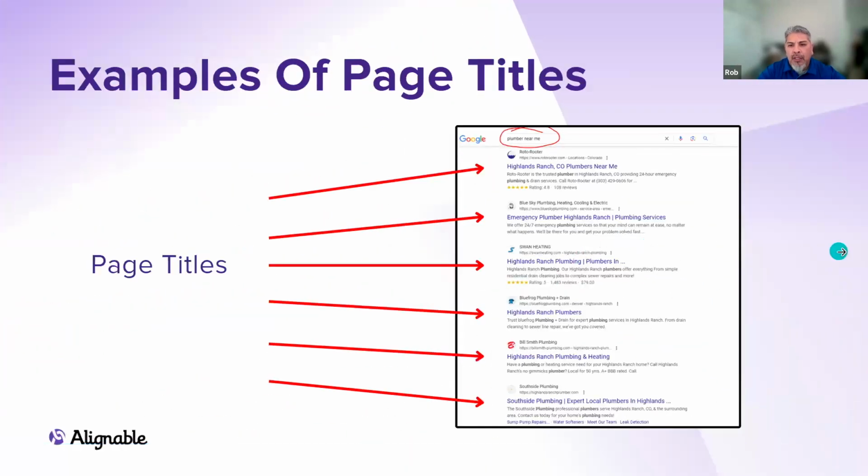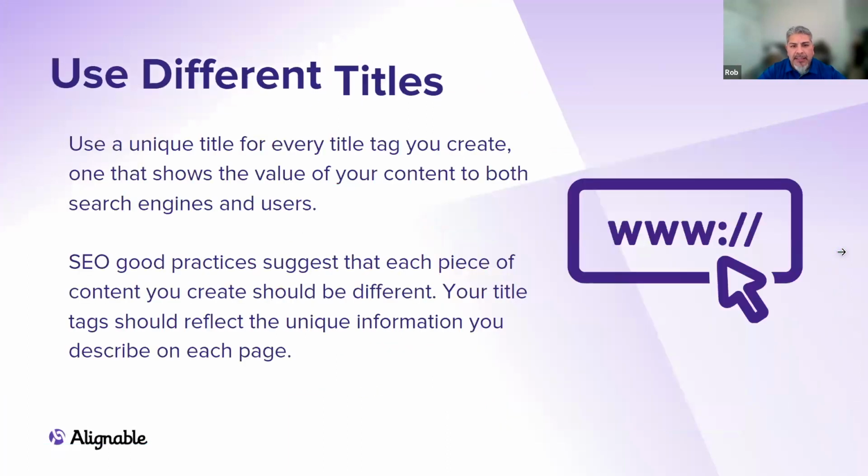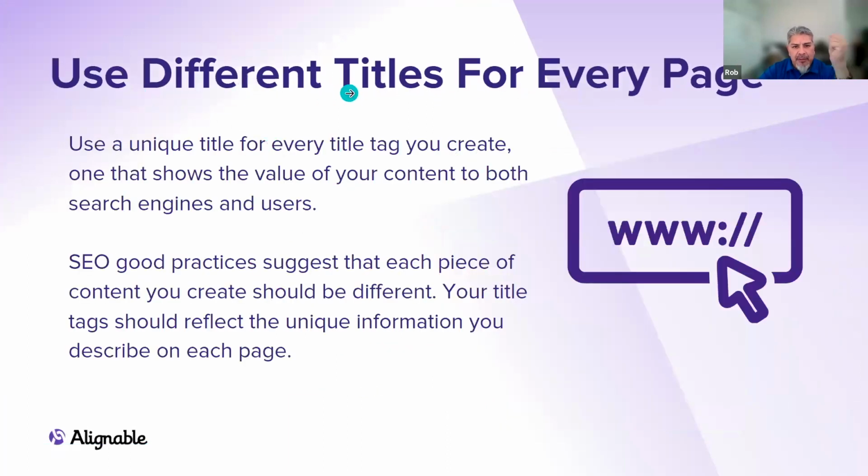Okay, so let's get into that. Use different titles for every page. So as we're talking about title tags and we're talking about our website having multiple pages, we need to use different titles, not the same one every time. It's not a global setting, right, for your entire website.